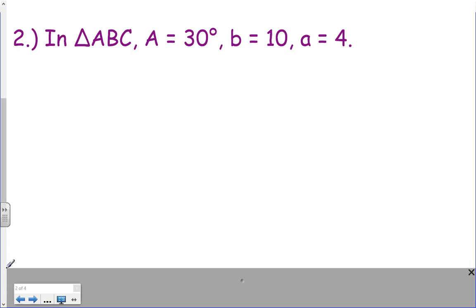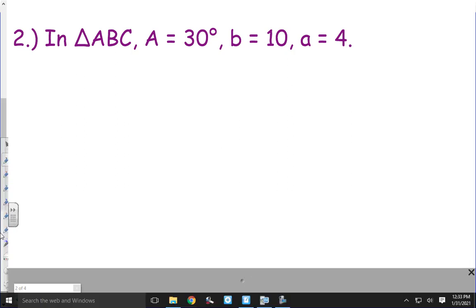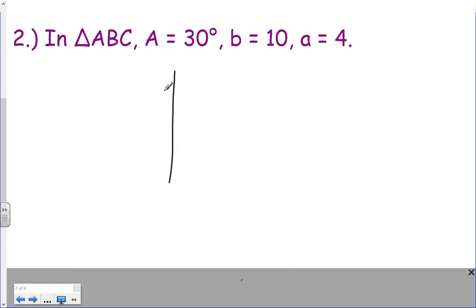Again, let's start off with the right triangle that we sketched a second ago. This is 30 degrees, this is angle A, this we're calling B, and this we're calling C. We're keeping B at 10, but now we're going to make A only 4 units long. Well, from the work we've already done, we know that the height of this triangle has to be 5.